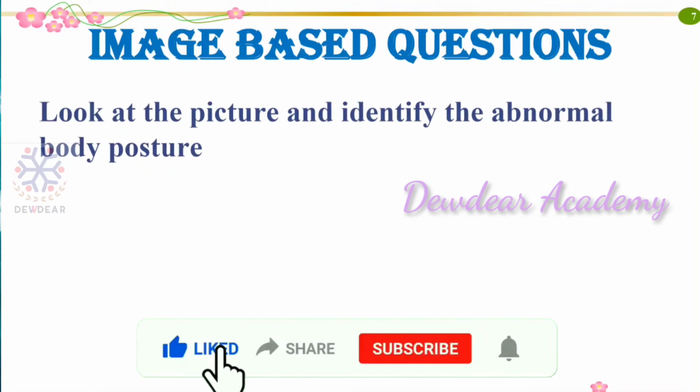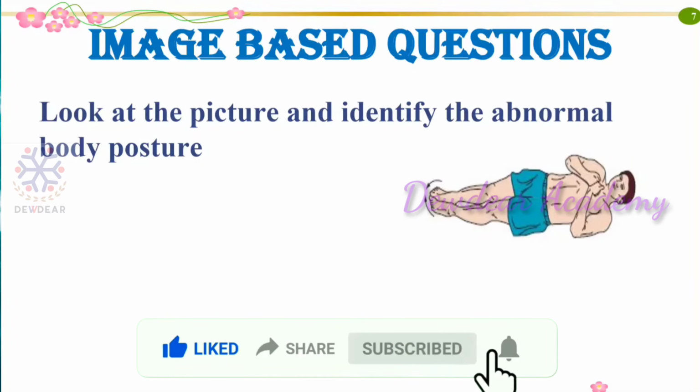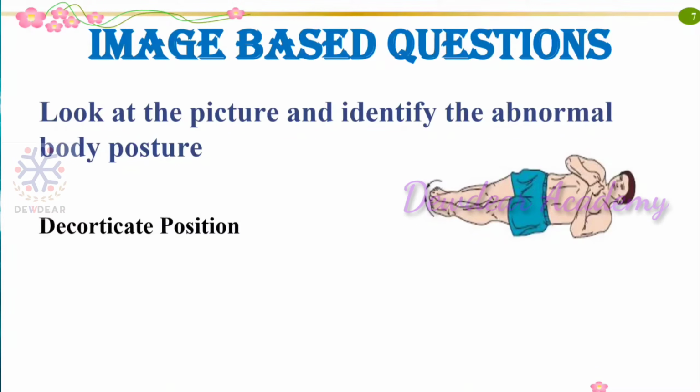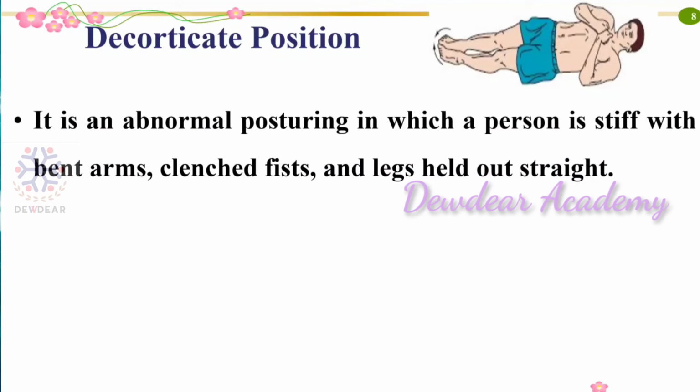Look at the picture and identify the abnormal body posture. So what is the abnormal body posture given here? The answer is decorticate position or decorticate posture. So decorticate posture is an abnormal body position.